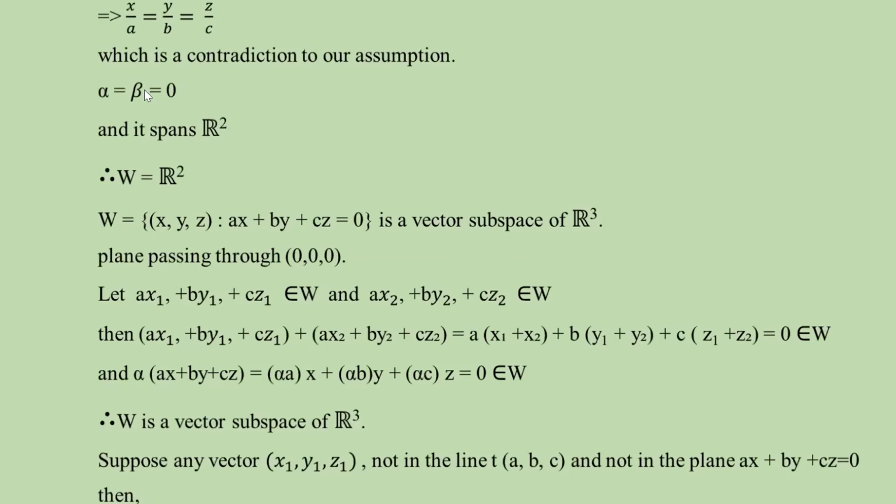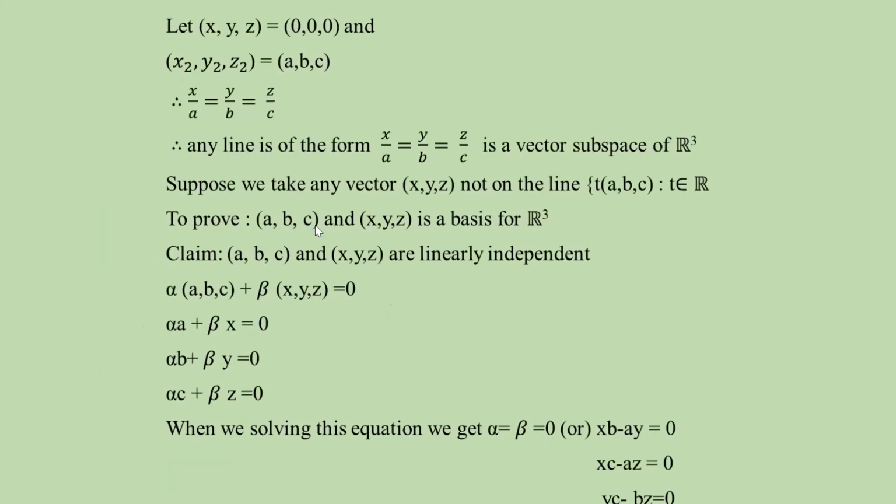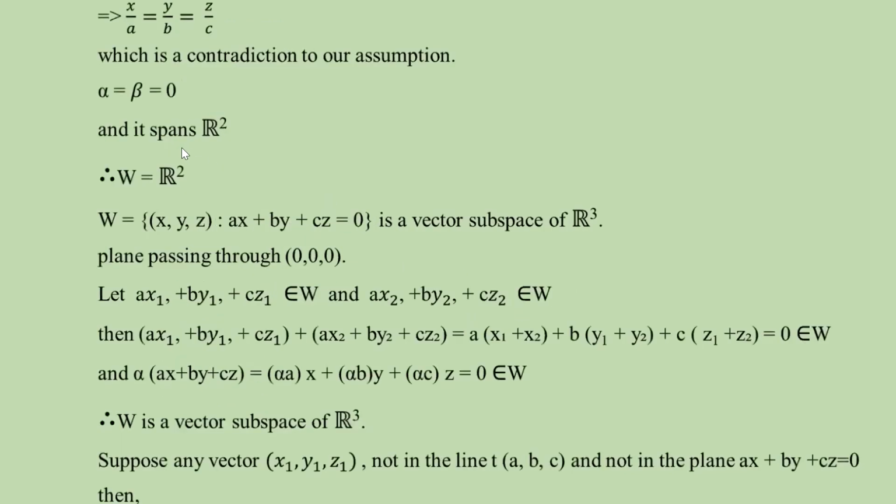Therefore alpha equals beta equals 0. So these two vectors (a, b, c) and (x, y, z) are linearly independent and span R2. Therefore W equals R2.